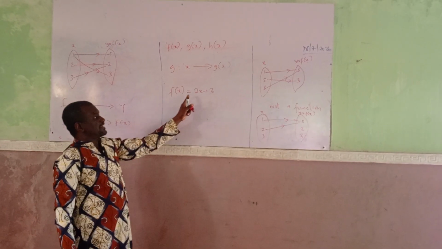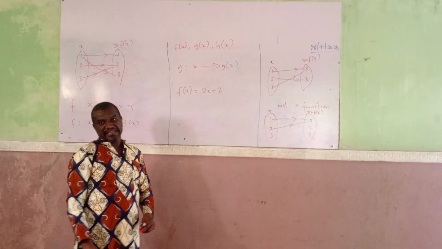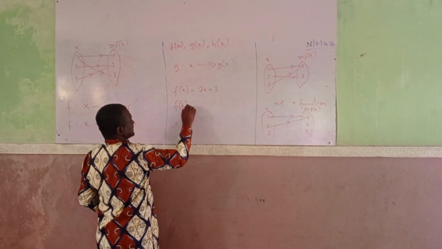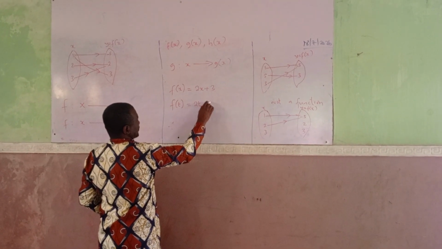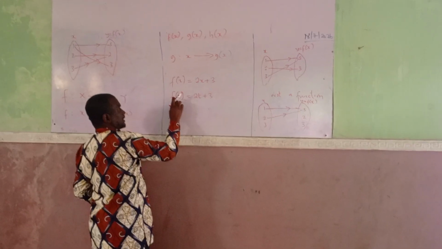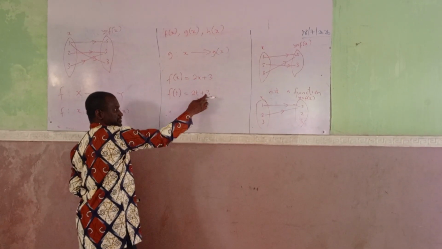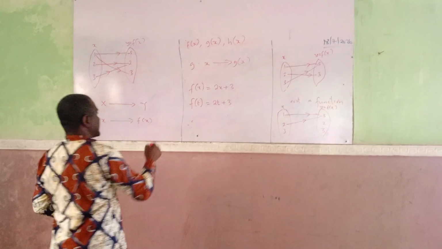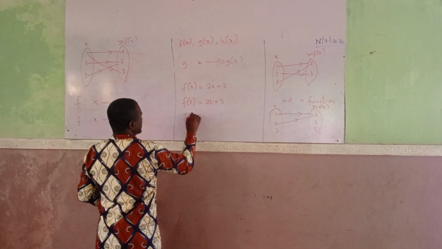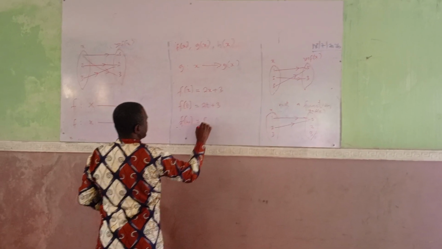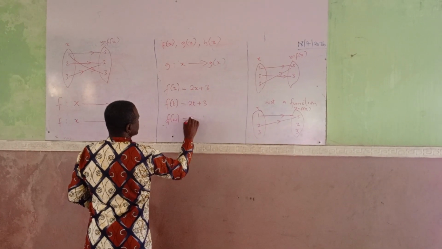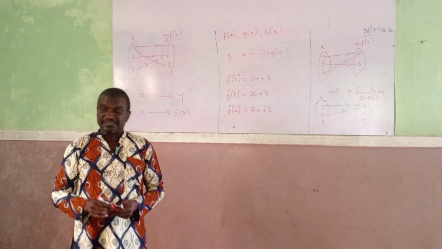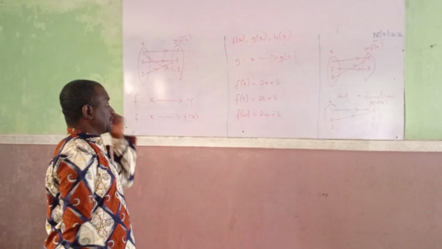F of x means it's an expression that contains x. Is that okay? So when we say f of t, it means it will be 2t plus 3. That means if it's a function of t, the expression will be in terms of t. If we also say f of w, for instance, f of w would be 2w plus 3. Is that clear? Yes. So that is it about a function.